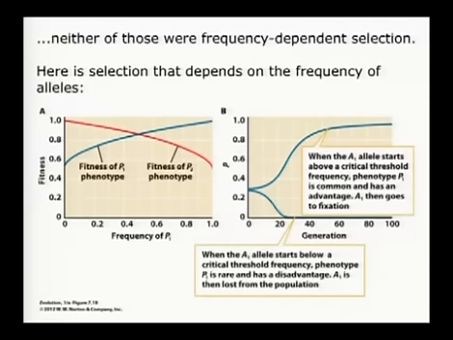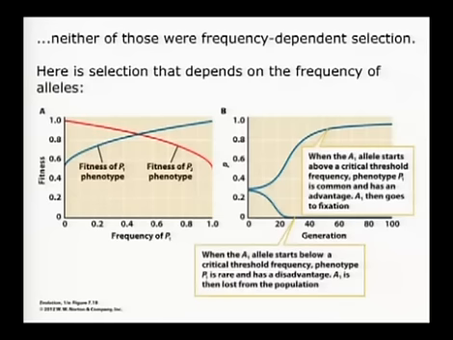So here we have in the red the fitness of the P2 phenotype, and in the blue the fitness of the P1 phenotype. And you can see as P1 gets more and more common, that's in the gray, it gets higher and higher fitness.